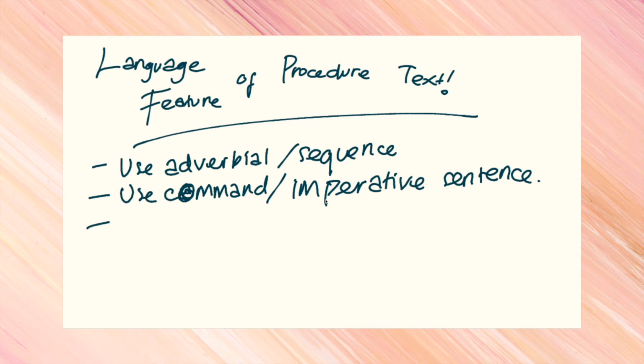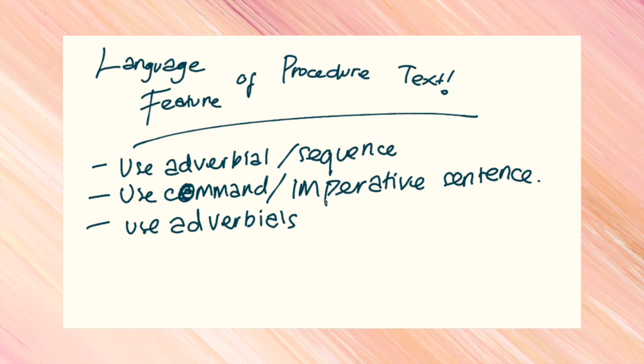And the third is to use adverbials, like adverbs, to express detail: the time, place, manner, accuracy, for example, for 5 minutes, 2 hours, all the things like that. Okay, let me write it down.